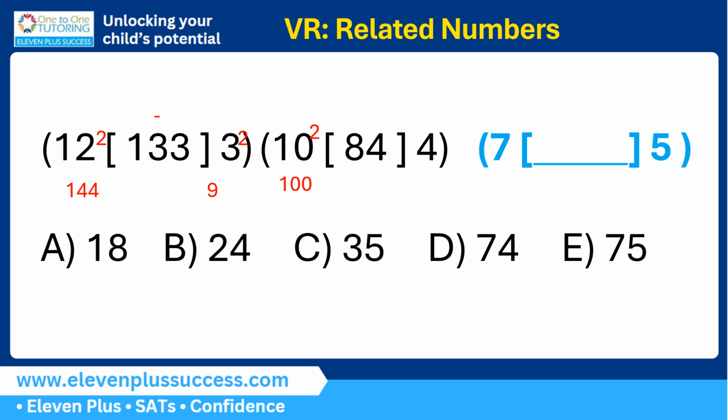Does that apply to this one here? So 10 squared is 100, 4 squared is 16, take them away, gives me 84. So yeah, that would be right. So I need to apply the same thing here. 7 squared is 49, 5 squared is 25, take them away, that gives me 24, and I can see my answer is B.